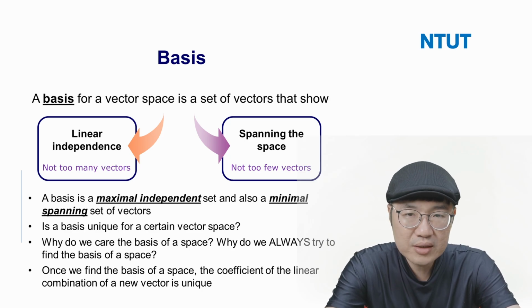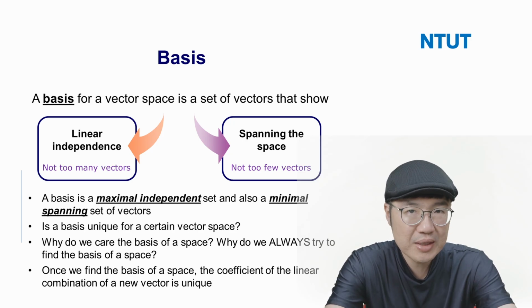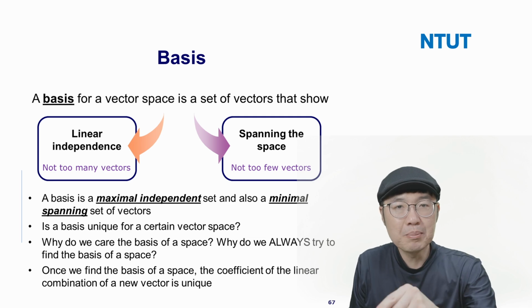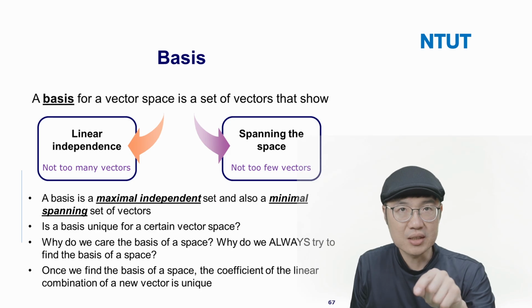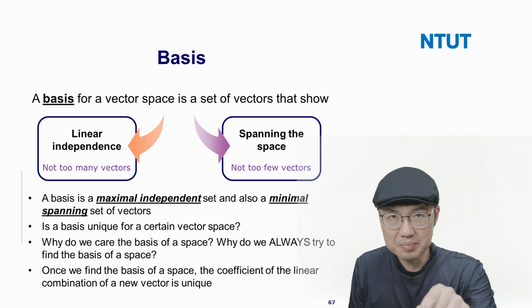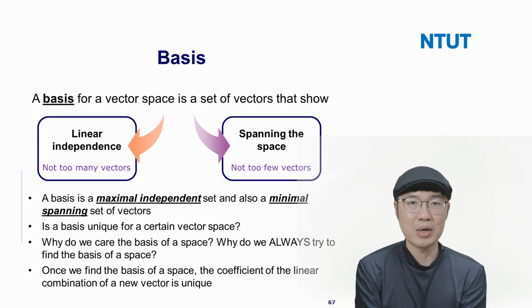There are many ways to find a basis for a subspace, but the number of vectors in that basis is unique. That must be so, because you cannot add one more or remove one.